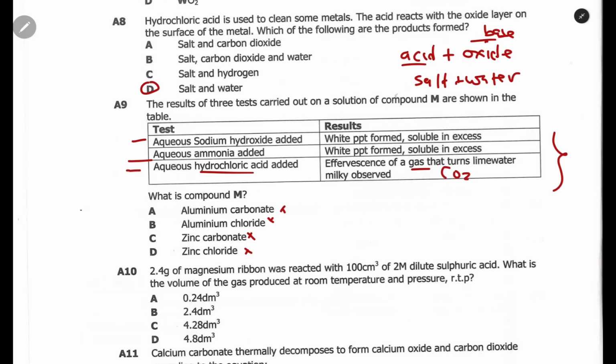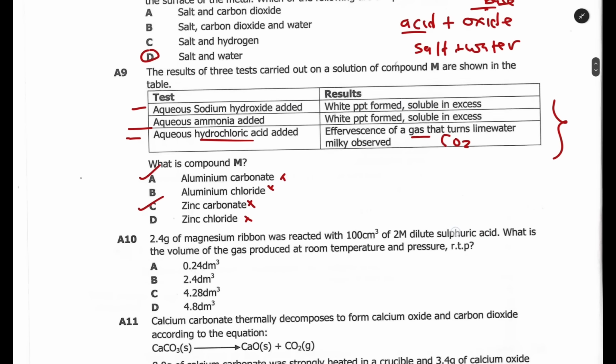This is carbon dioxide. So this can only be possible if an acid reacts with a metal carbonate. Which means B and D are not part of the answer. So you're going to check out only A or C. So which one is the answer? So this question, get to answer it.